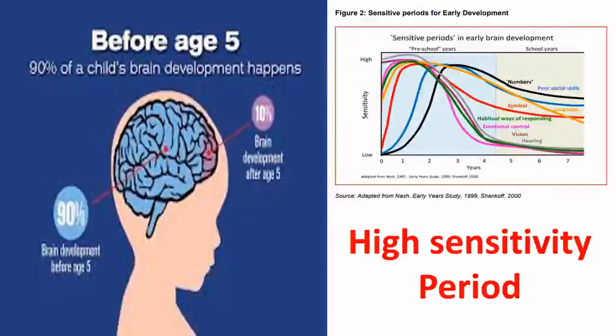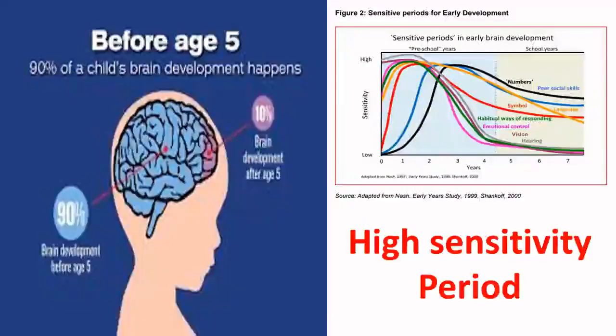If you look at this graph, post 5 years, for many of the skills the sensitivity becomes very low. And a few skills like emotional control, habitual ways of responding, and a few skills like vision, hearing, all become almost zero sensitivity by the time the child reaches 7 years.